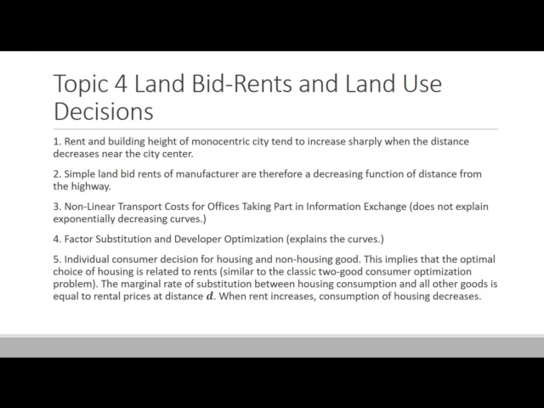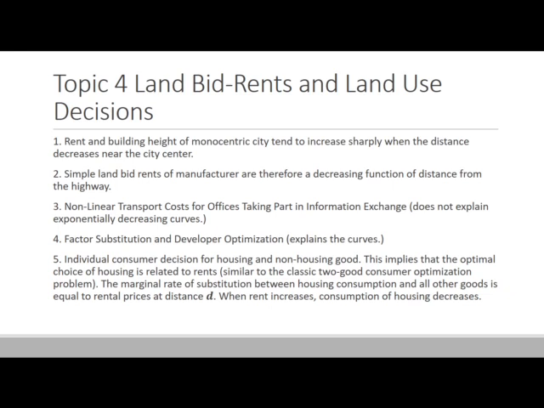And you just need to know the intuition of the condition, which says that when rent becomes higher, then the marginal utility of housing tends to become higher compared to the marginal utility of non-housing good.